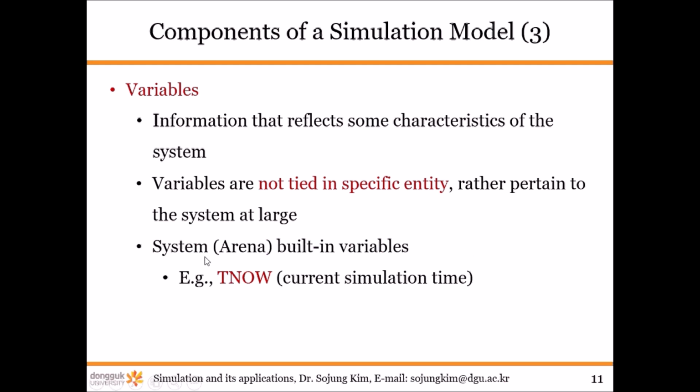Also, these variables can be system built-in variables, for example TNOW in Arena. If you type TNOW in Arena, you can get the current simulation time. And a user-specified variable can also be one type of variable.